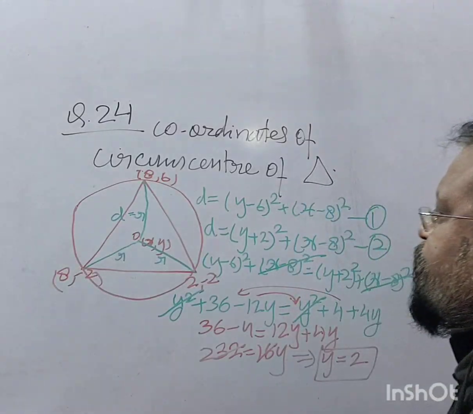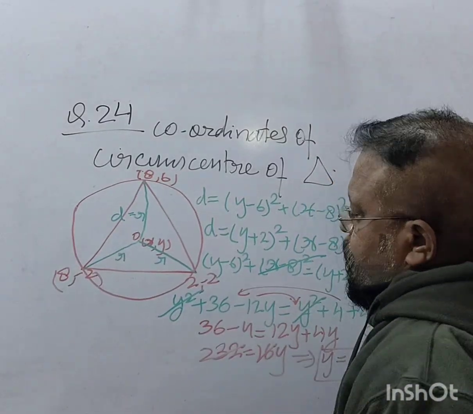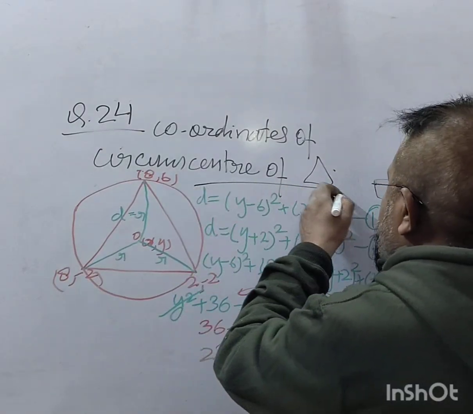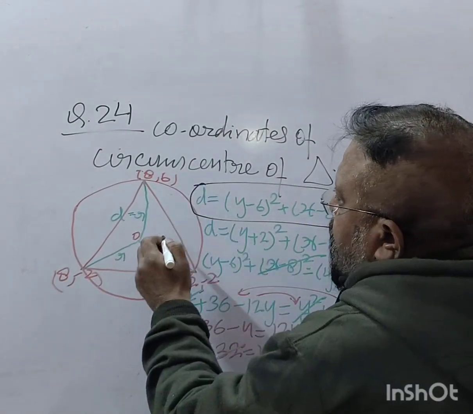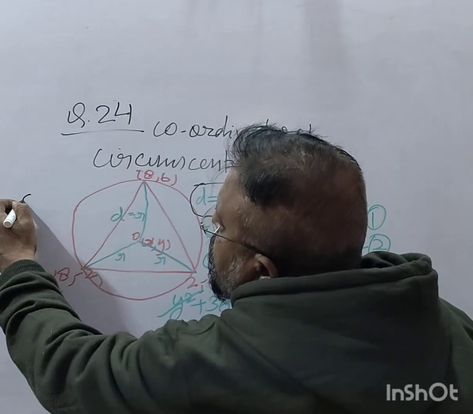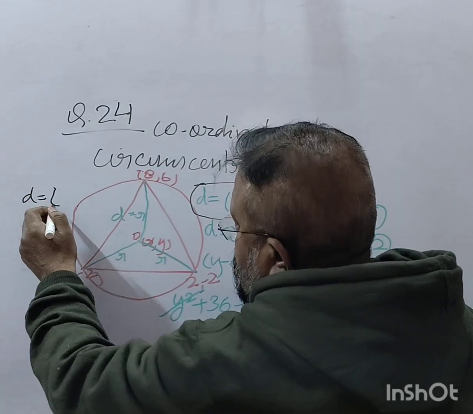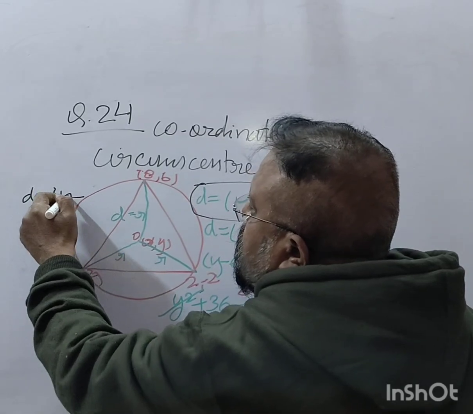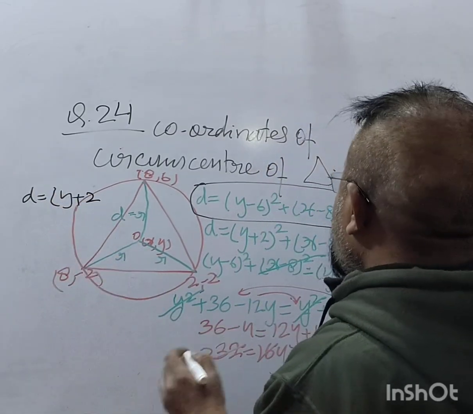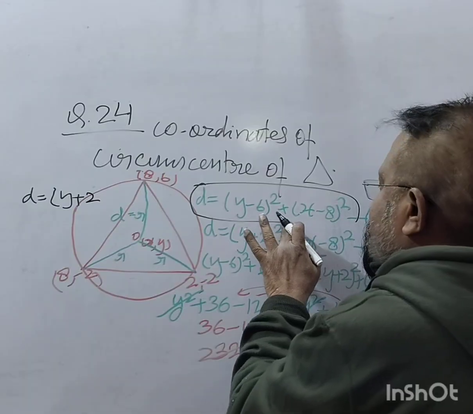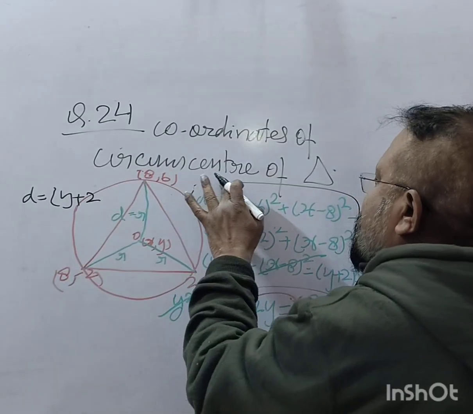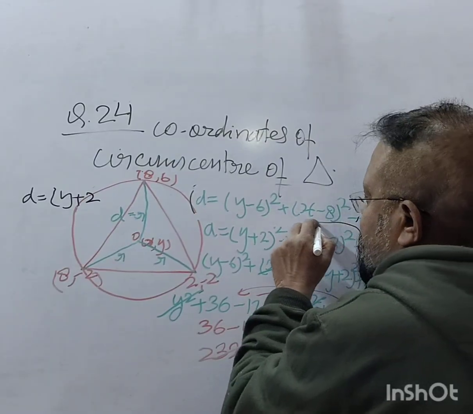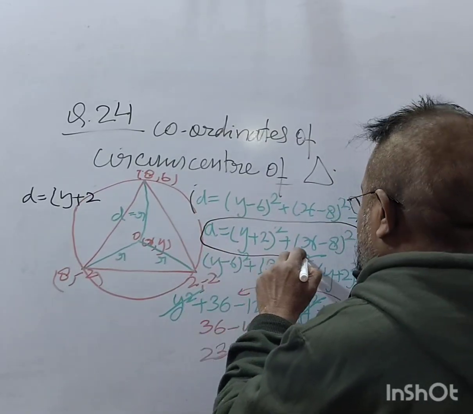if we take this one, and another one is d is equal to y plus 2, no, don't take this, you take this second one now.